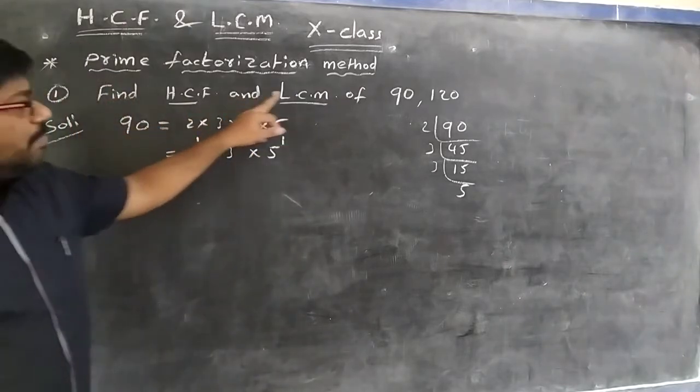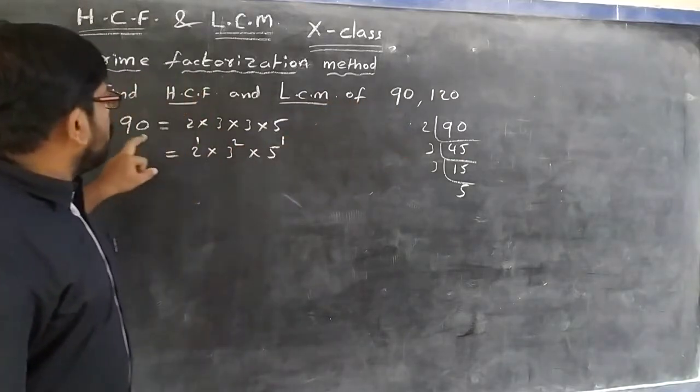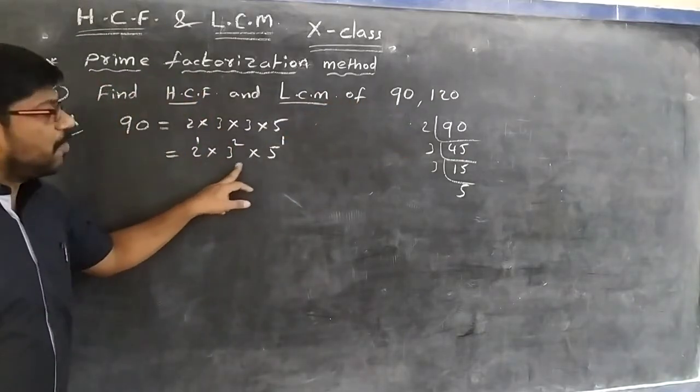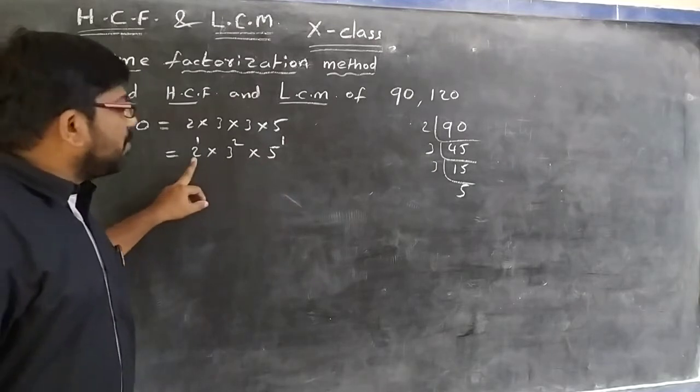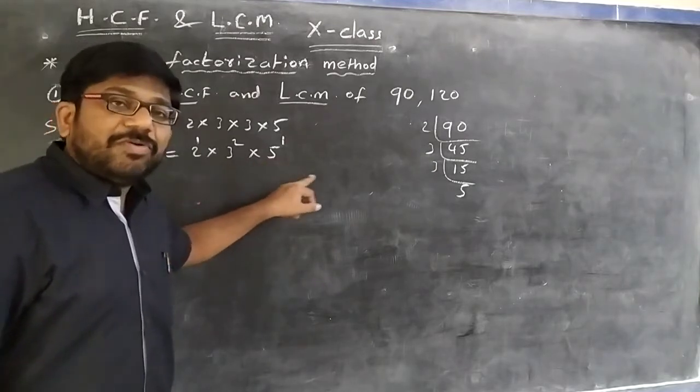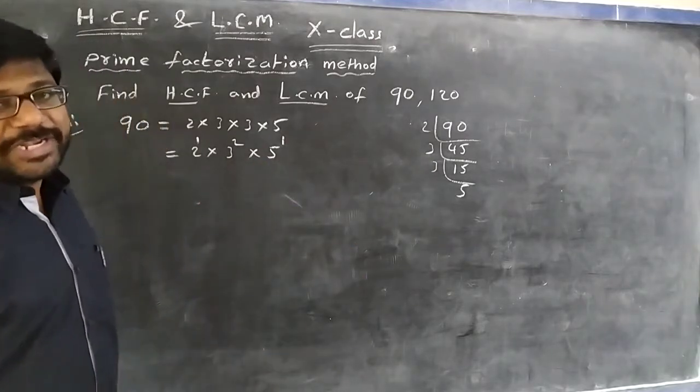So the first number is completed. We wrote the first number as the product of prime numbers. Here the prime numbers 2, 3, 5 are the prime factors.